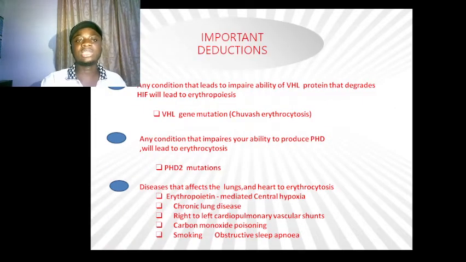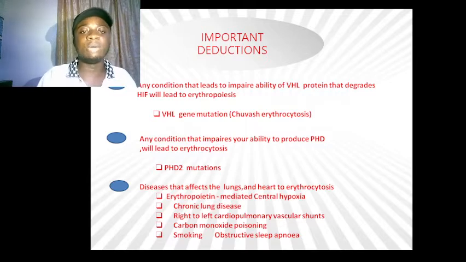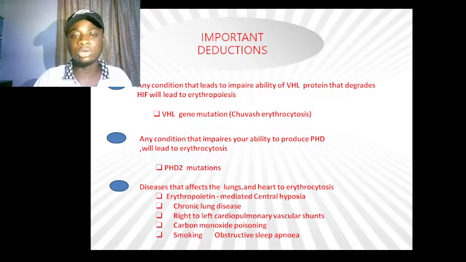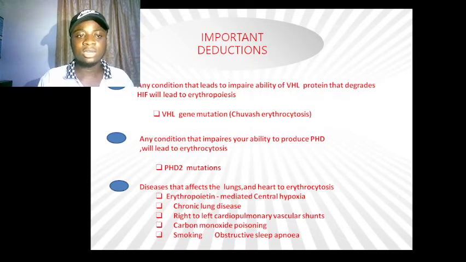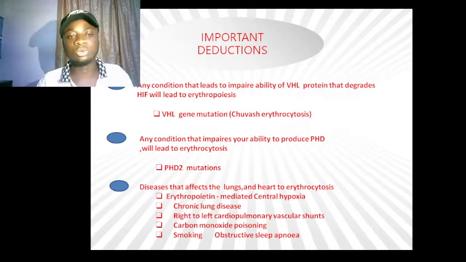One common deduction that we can make is that any condition that will lead to impaired ability of von Hippel protein, a protein that degrades HIF or hypoxia inducible factors, will lead to erythrocytosis.